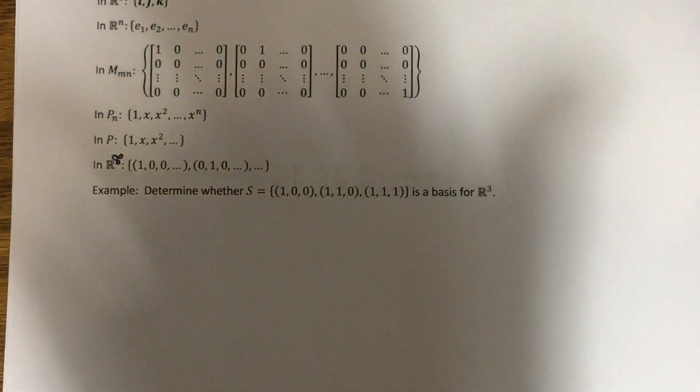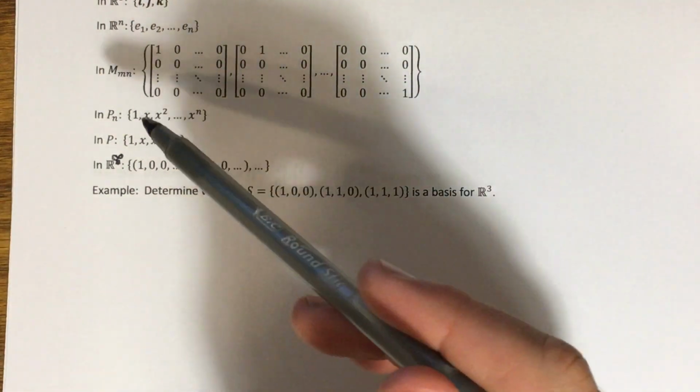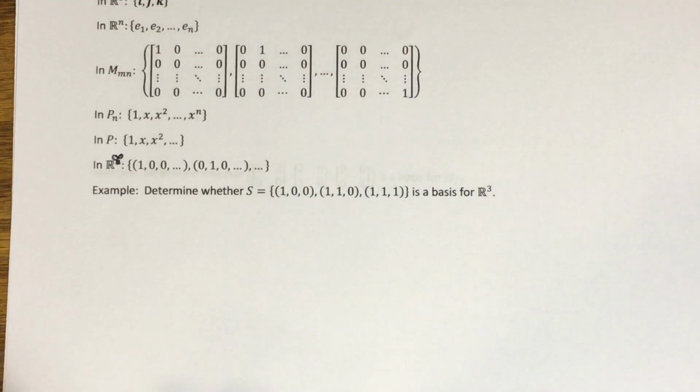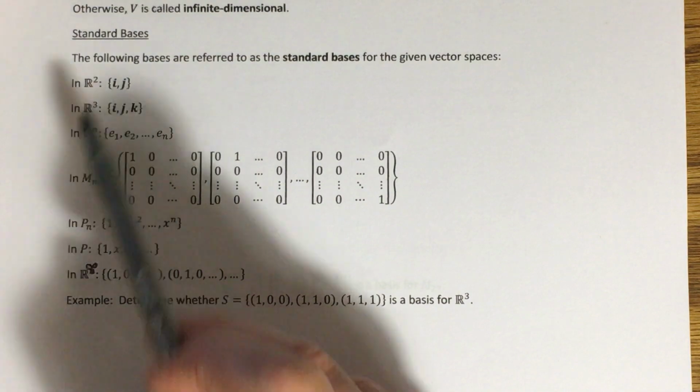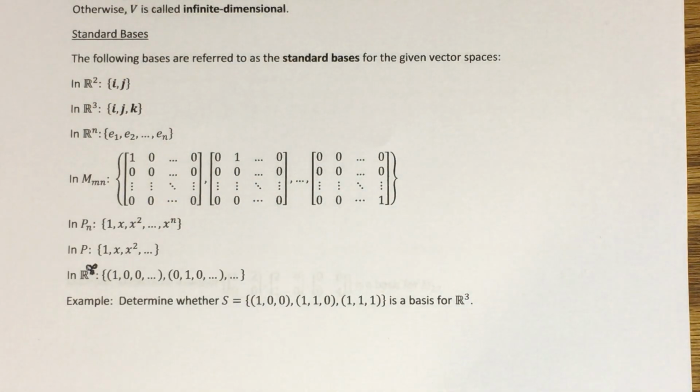So what that basically says is that any vector space can have lots of different bases. A basis is not necessarily a unique entity within a vector space. So R2, even though it has this thing that we call the standard basis, the set of vectors i and j, R2 can have other bases as well, and they may serve different purposes.